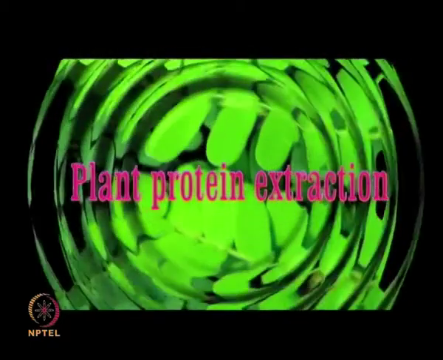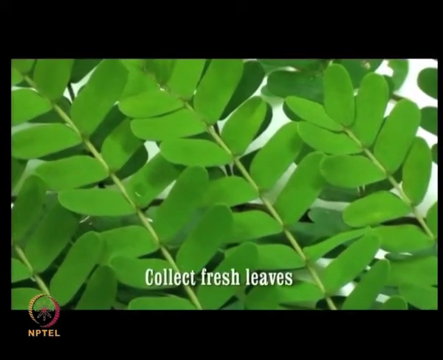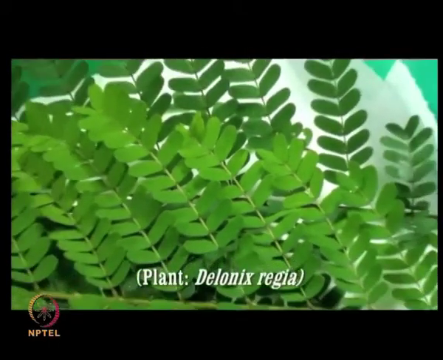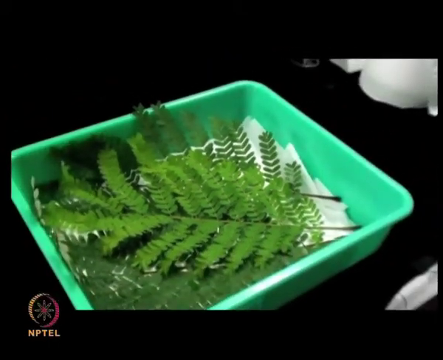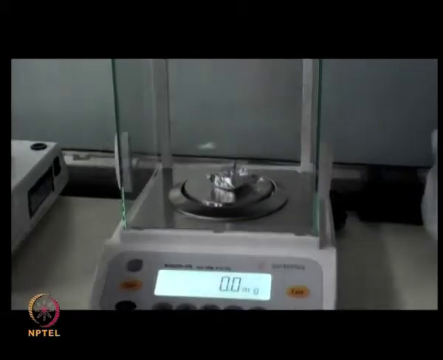Plant protein extraction. This process involves homogenization of the plant leaf sample followed by acetone precipitation for protein extraction. Leaf homogenization. Select the plant leaf sample of interest and weigh around 300 mg of the leaf on an aluminium foil.